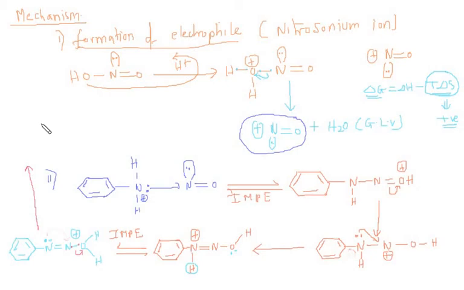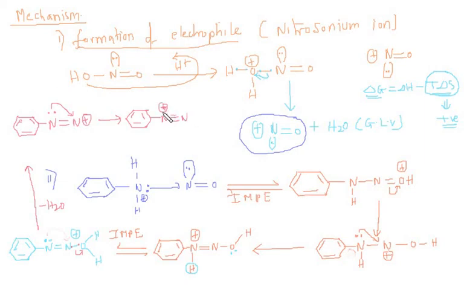And further we have N double bond N positive. Here I'll write minus H2O. This nitrogen has a lone pair, so it donates the lone pair to the nitrogen, and finally we get N triple bond N positive.